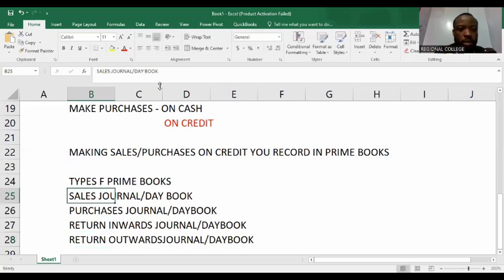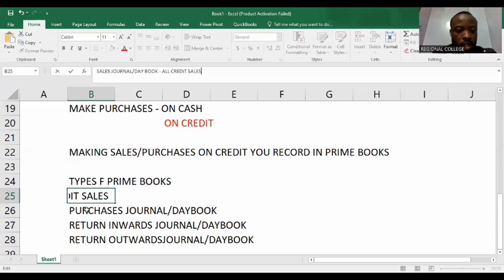Anytime it's clear that there is a credit sale, there is a sales journal. That means this one equals all credit sales, so that at the end of the day, you know which customer you sold goods on credit to, on which date, and how much that customer is owing you.